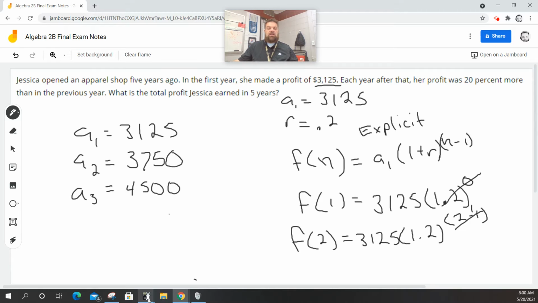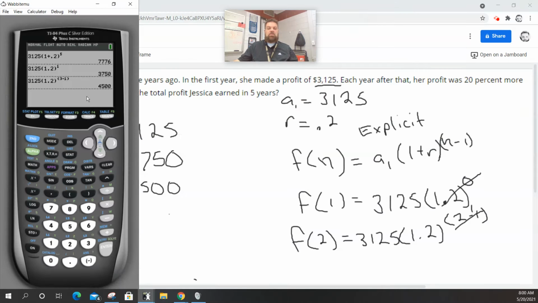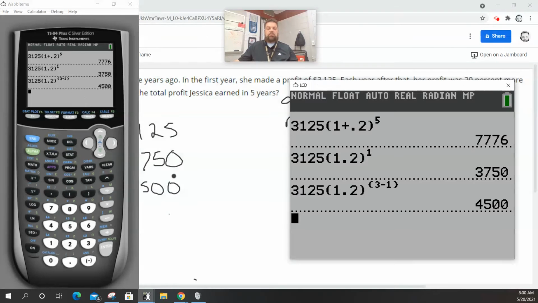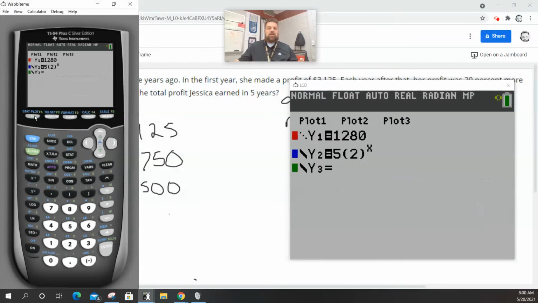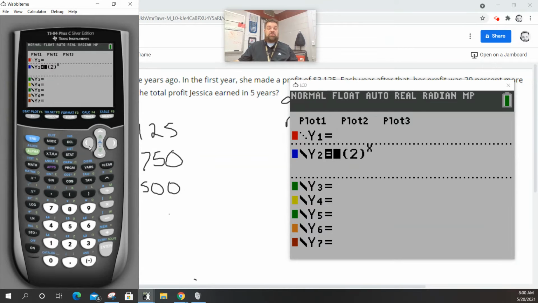And so I can let the calculator find all these out for me by going into y equals and plotting that explicit function.